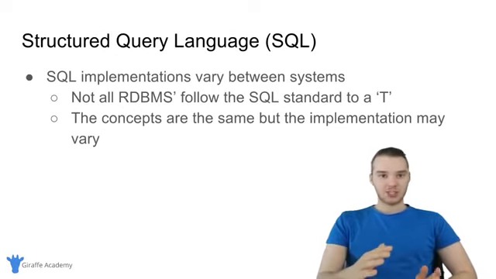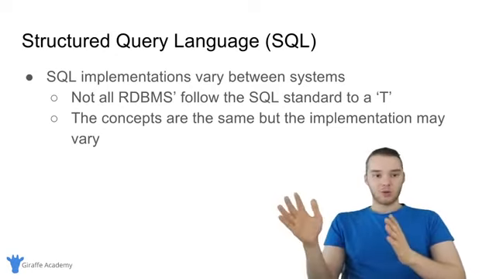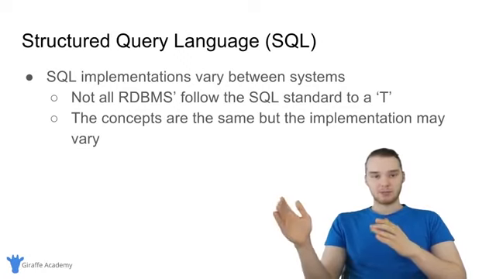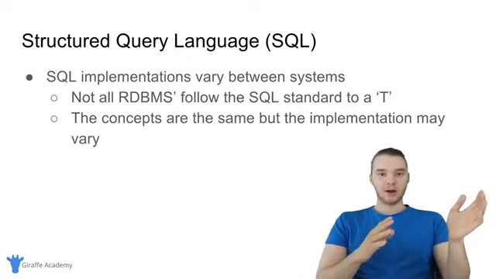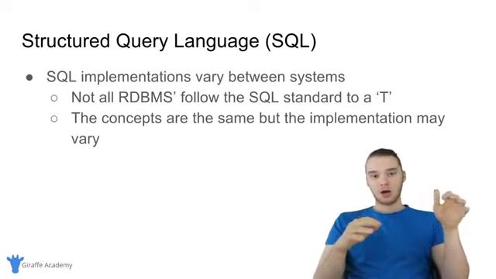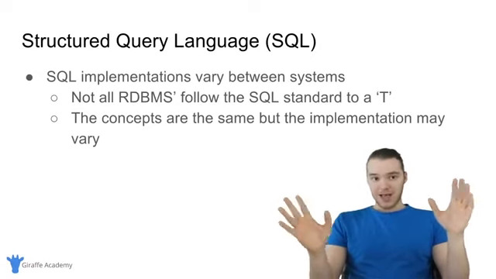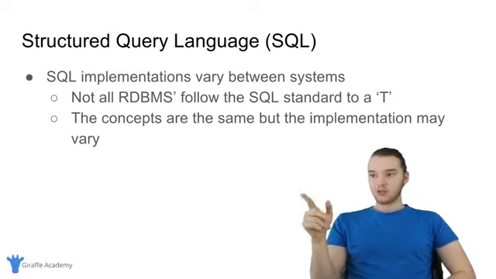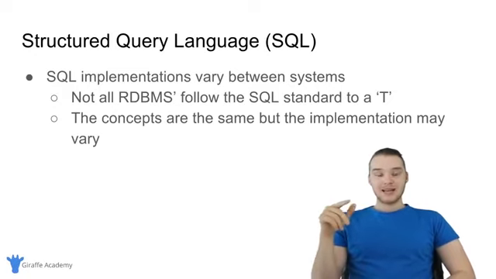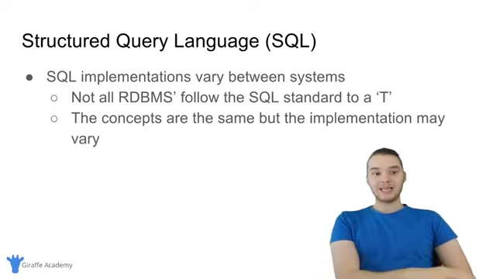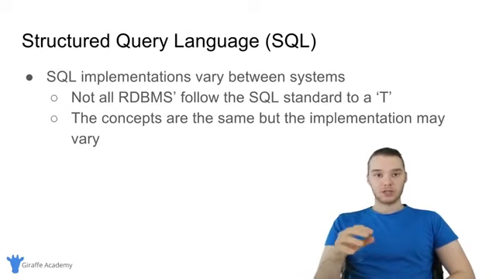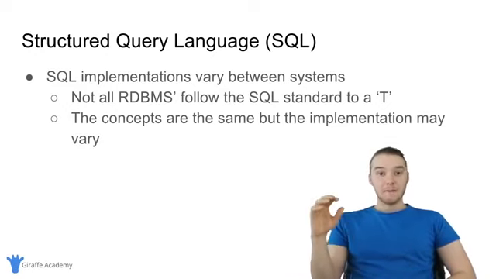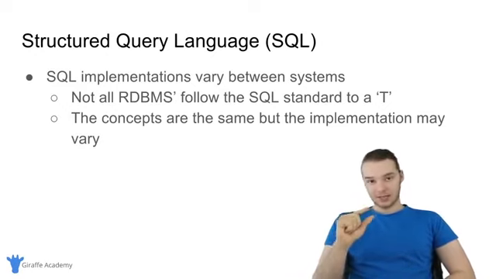So you could write SQL code that would work on one relational database management system, but then if you tried to use it on another one, it might not work 100%. Now, for the most part, everything should be the same, but you might just need to tweak a couple little things. So one thing you want to keep in mind is that SQL is used on all of the major relational database management systems, but it's used slightly differently.